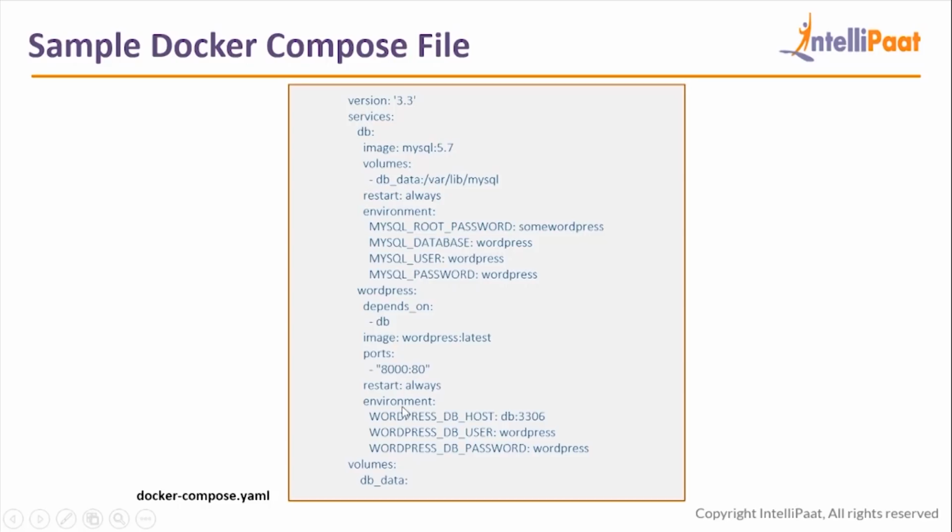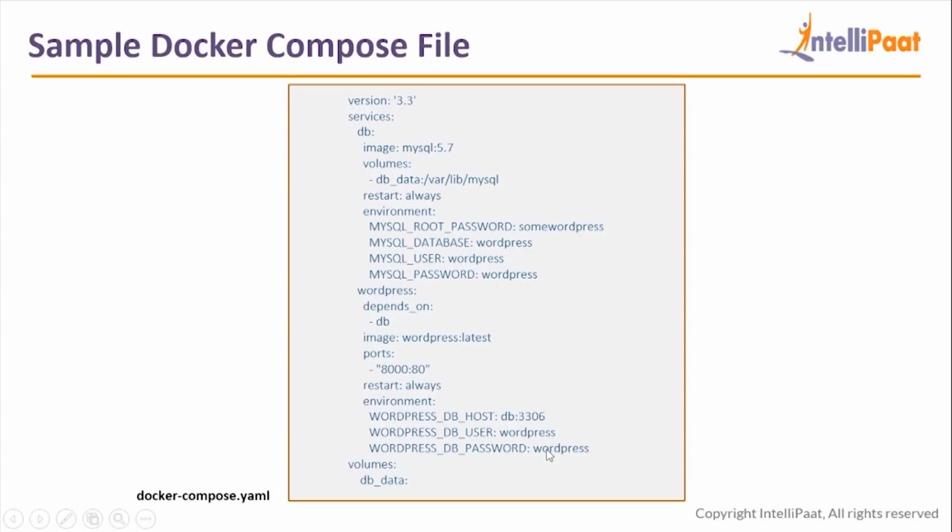Then for the environment variables, we specify that the WordPress DB host is db:3306. So db is basically the host name for the service that just got created, which has MySQL inside of it, and MySQL is always available on port 3306, so we specify that over here. Then we have the WordPress DB user, so we specified the MySQL database user as wordpress, which is exactly the same value that we specified over here.